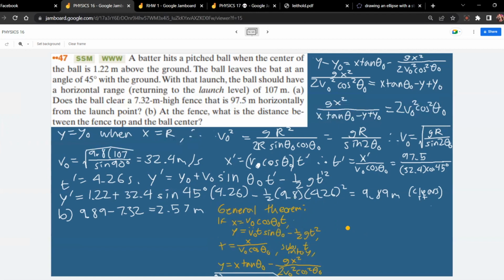Then the trajectory is given by y minus y naught equals x tangent theta minus gx square over twice v naught square cosine squared theta.